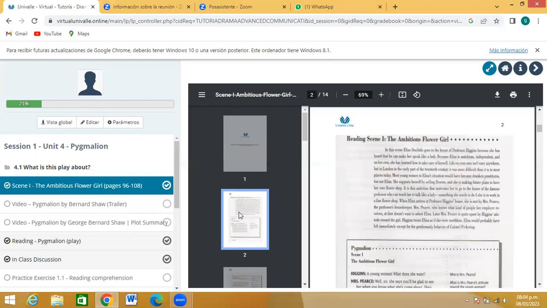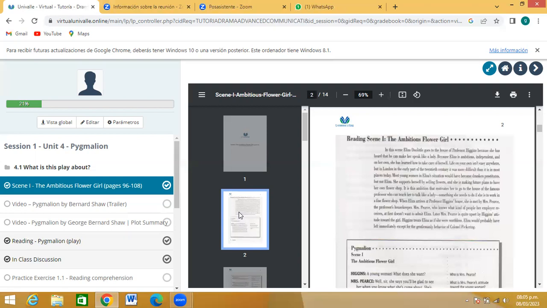Well, based on this little information we're given about Eliza, she's going to the house of a professor, somebody that is well educated. So when it says that he can make her speak like a lady, that means that he can teach her manners, or even some vocabulary, because she may have a very informal way of speaking.